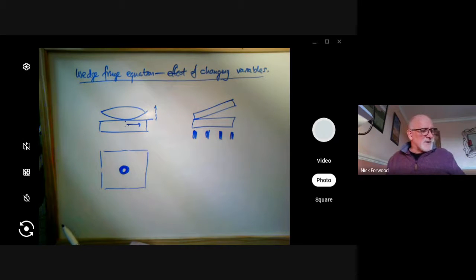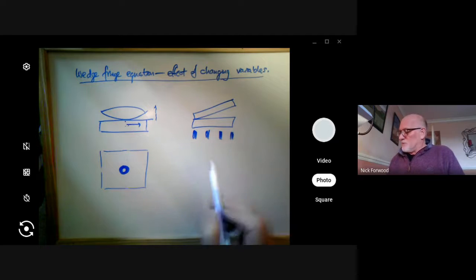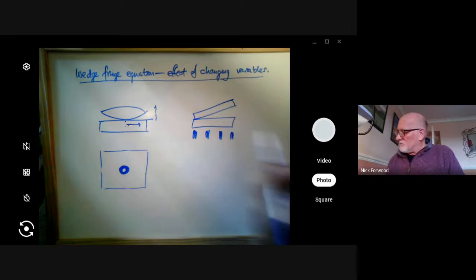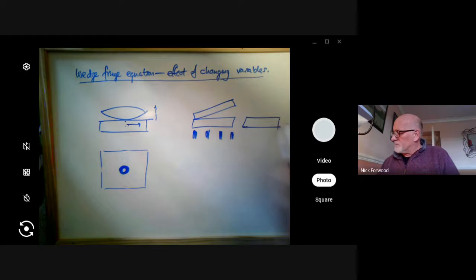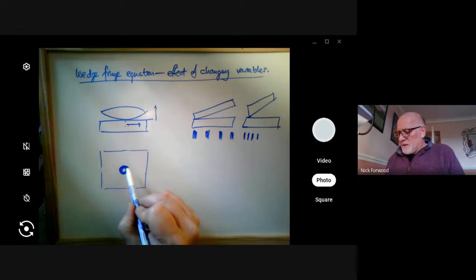The spacing changes. So here, let me go back a stage and gather my thoughts and have a look at the difference between that one and that one. The spaces here become thinner and closer together, thinner and closer together. So here the lines become thinner and closer together as we move out.